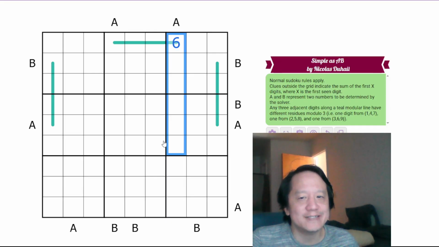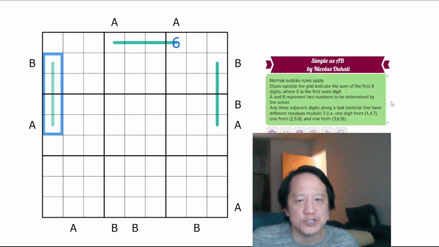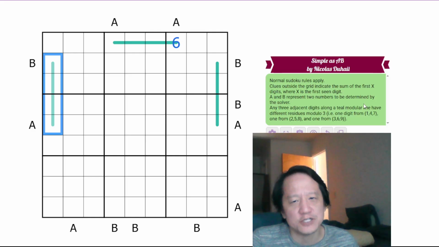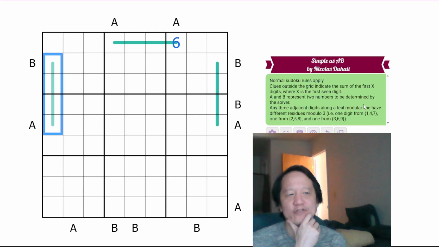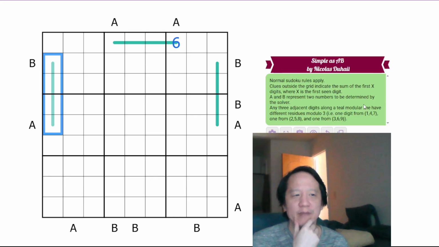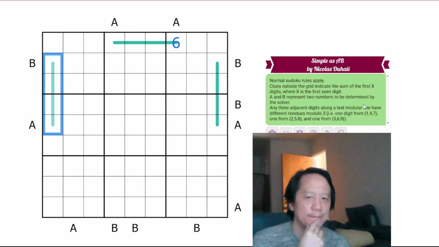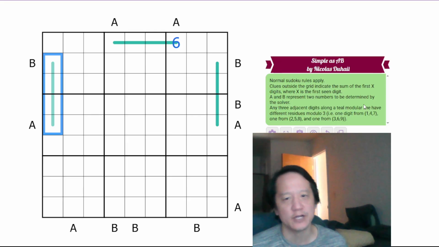Any three adjacent digits along a teal modular line have different residues. That's interesting. I think that might be a translation error, unless other countries' math teaches it differently. Usually it's called remainders. Usually it's different remainders modulo 3. That is one digit from 1, 4, 7, which is 1 modulo 3, one from 2, 5, and 8, which is 2 modulo 3, and one from 3, 6, 9, which is 0 modulo 3.